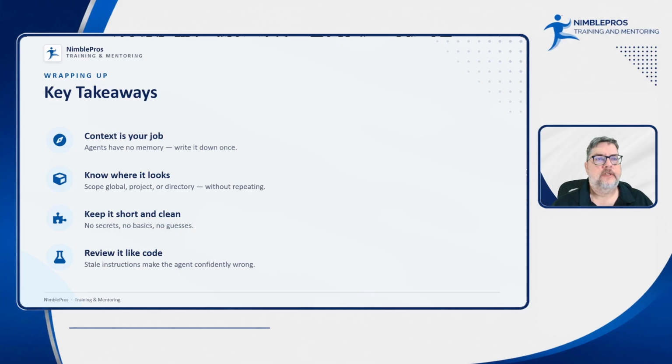You keep it very specific. You can drill down several levels into the code, and if there's something that's an instruction that's specific to that one particular folder that's 5 levels deep in your code, then put it in there. Don't put it in the global project file. Keep it very short, keep it clean, keep it simple to the point, and make sure that you're reviewing it regularly like code. Treat it like code, because it really is. It's code. It's part of the instructions, and it should be treated that way.